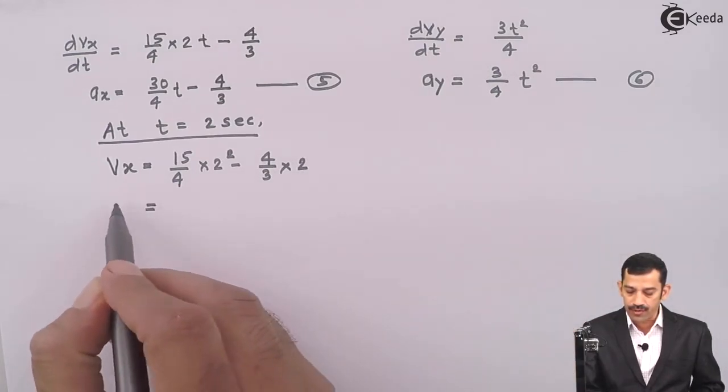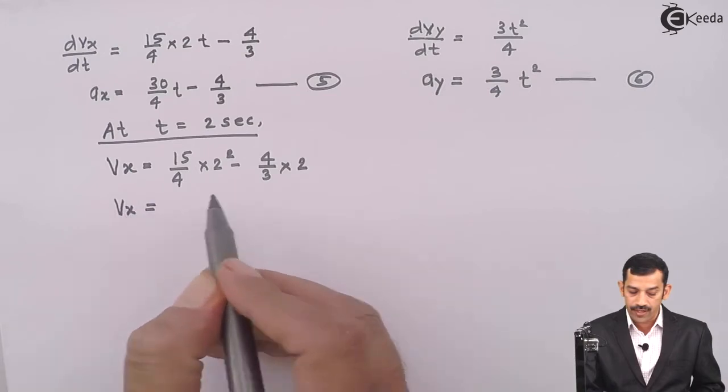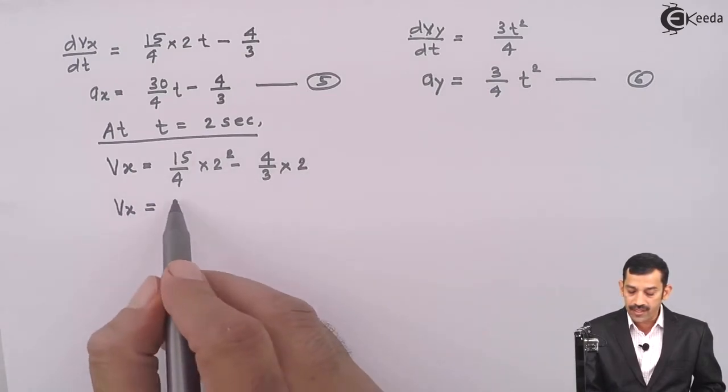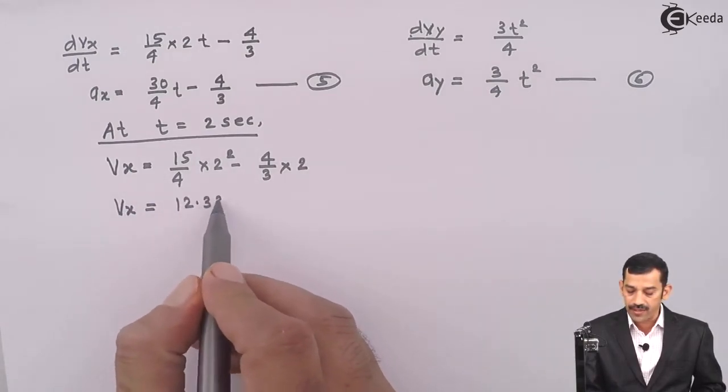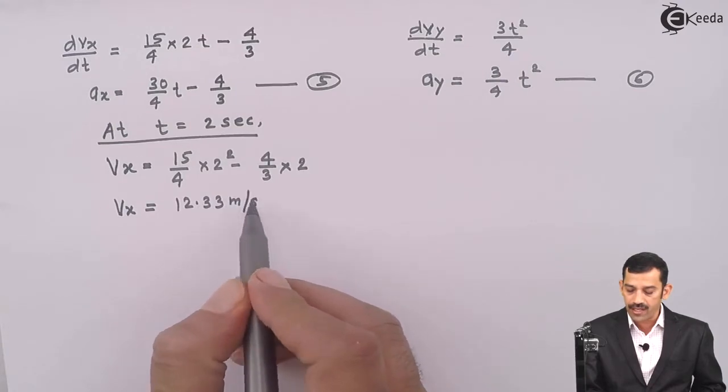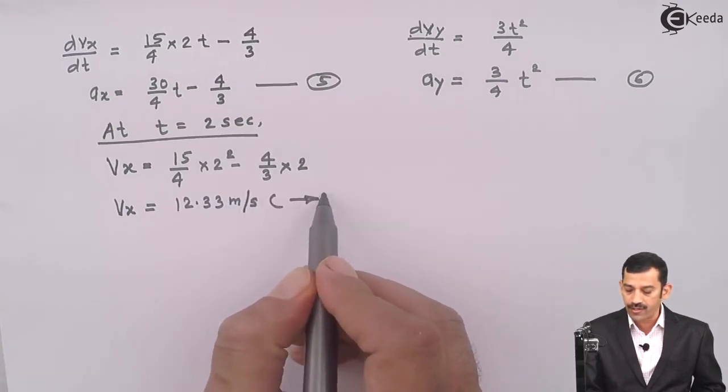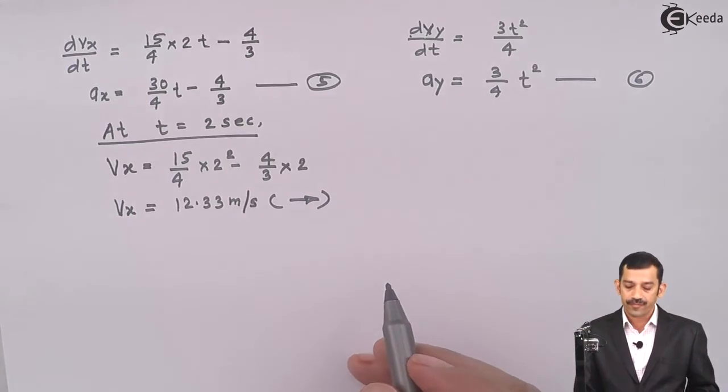Vx comes out to be, using a calculator, 12.33 meters per second. As the answer is positive, the component of velocity is in the rightward direction.